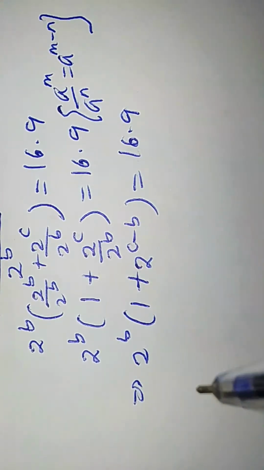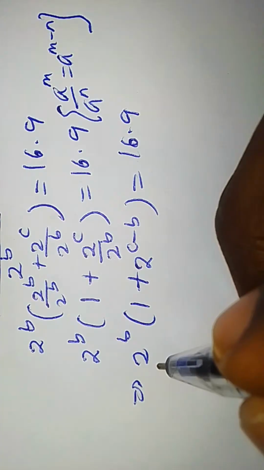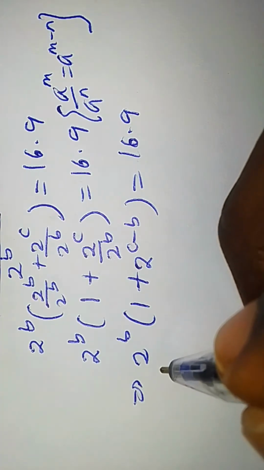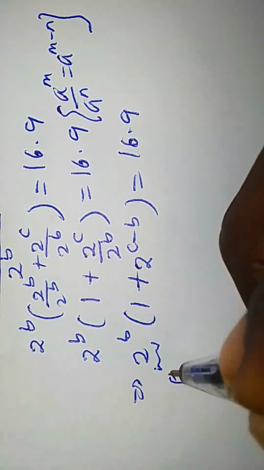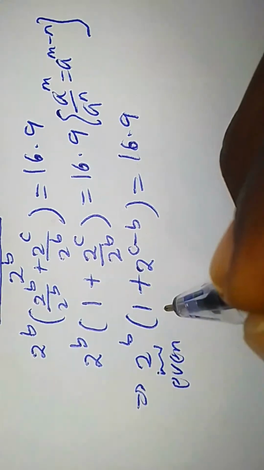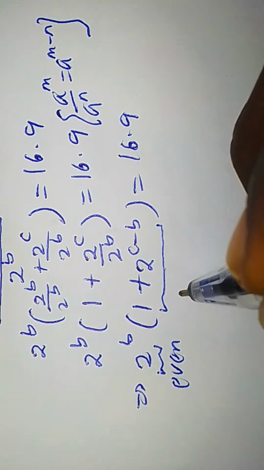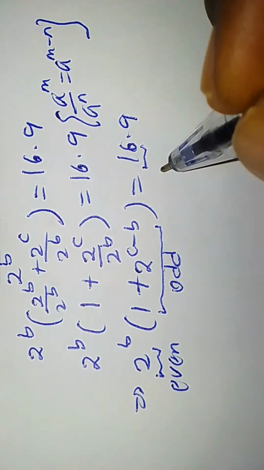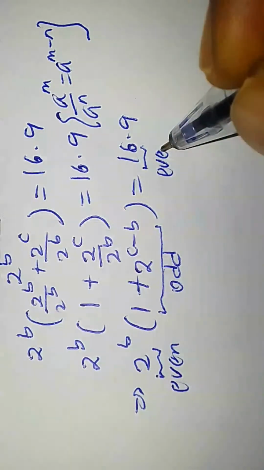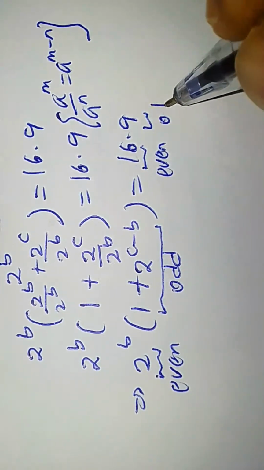You will see that for b greater than 0, this guy is always an even number. This will always produce an odd number. 16 is an even number. 9 is an odd number.